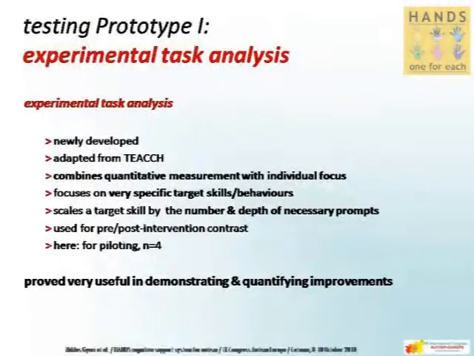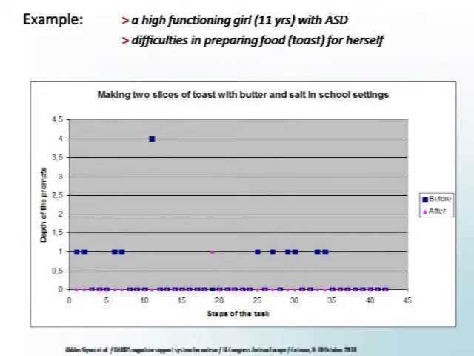Let me show you just a chart quickly to illustrate this. If you look at the blue squares, these represent the depth of necessary prompts for a particular kid, for a particular task, according to the steps of the task on the horizontal axis. And the pink triangles represent the same thing after, or with, using the HANDS toolset.